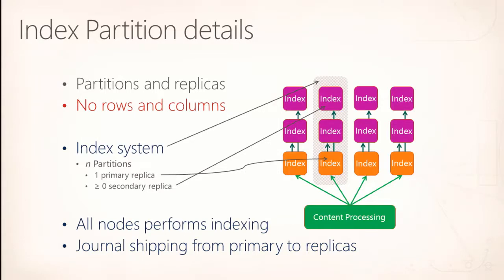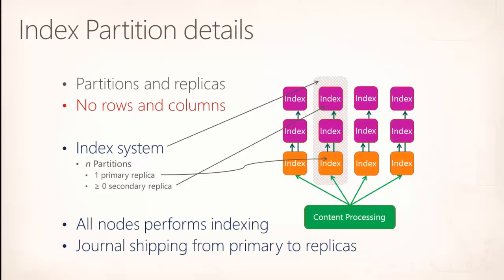If you're familiar with older FAST ESP technologies, we talked then about rows and columns, and that is not what's really here. Rows and columns is gone. We don't use those terms. Instead, we use partitions and replicas. Now, each partition is an indexing system in itself, and only one of the nodes serves as the primary partition node at any single point in time.